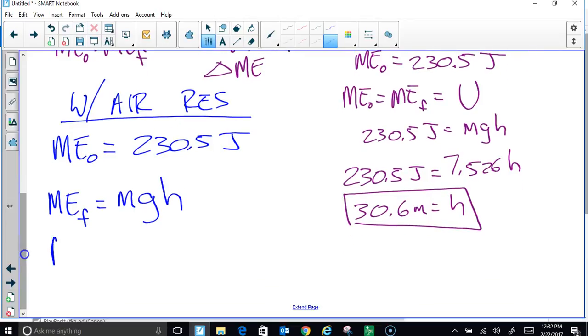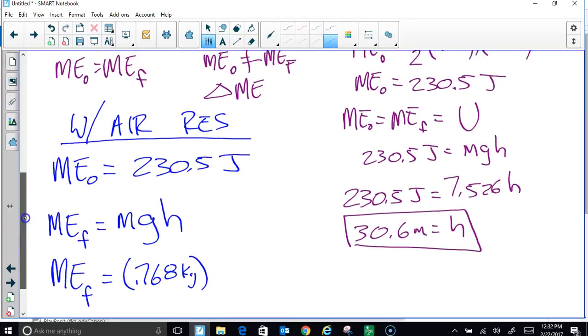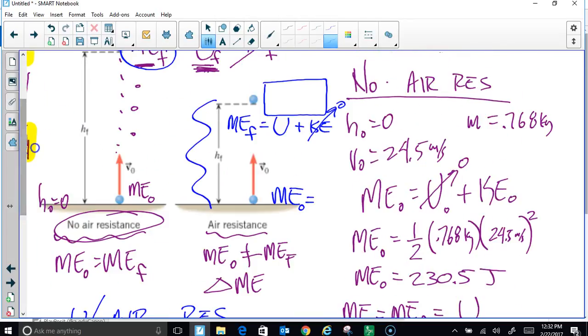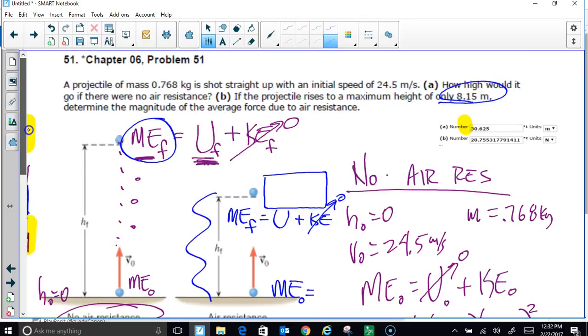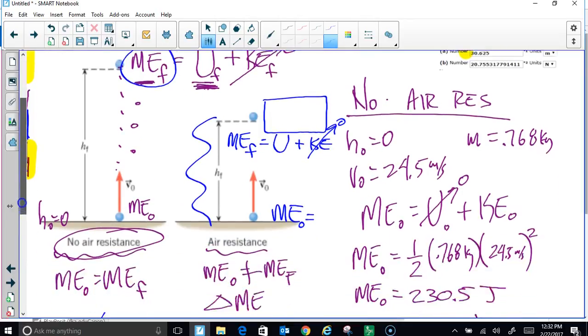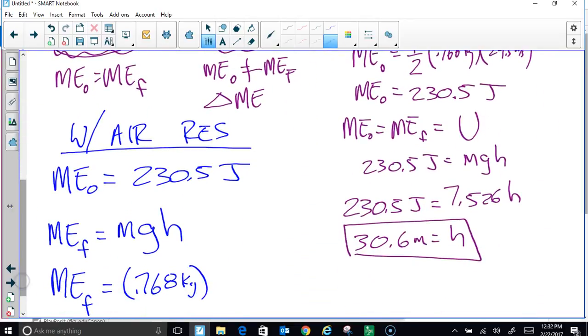And in this situation, that final mechanical energy is 0.768 kilograms. He says, trying to remember, let's make sure that's right. Yes. Times 9.8 times 8.15, I believe it was.